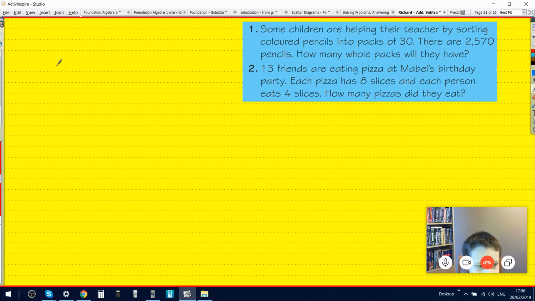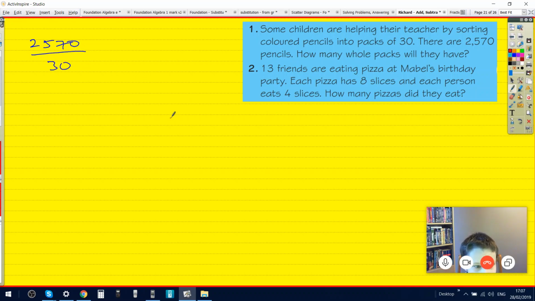There's a way. How would you write this as a fraction? Fraction dividing. As a fraction, it would be 30 over 2. Other way around. So 2,570 over 30.